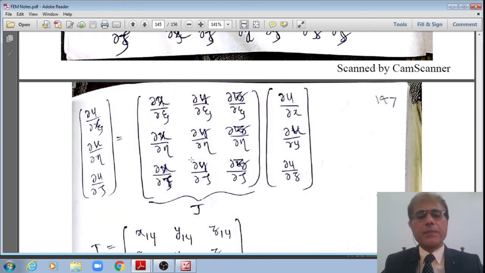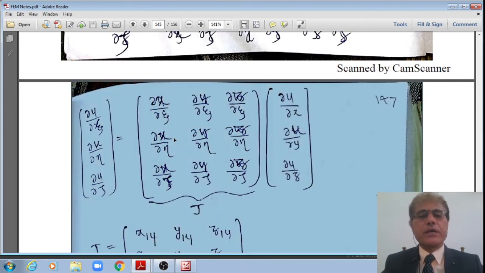Now that is how you open a 3 by 3 matrix, wherein you just write first dou by dou xi in the first row, dou by dou eta in the second row, and dou by dou zeta in the third row. Whereas here I can write in a cyclic fashion as x, y, z respectively, that operated upon dou u by dou x, dou u by dou y, dou u by dou z.